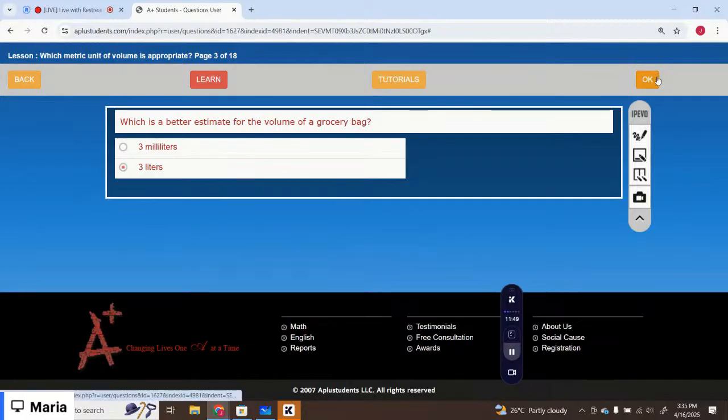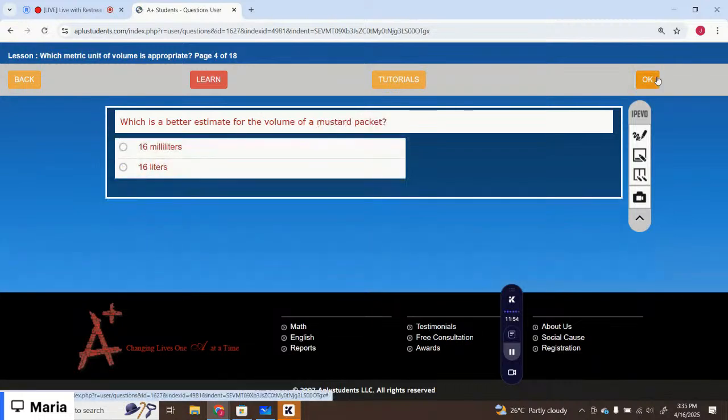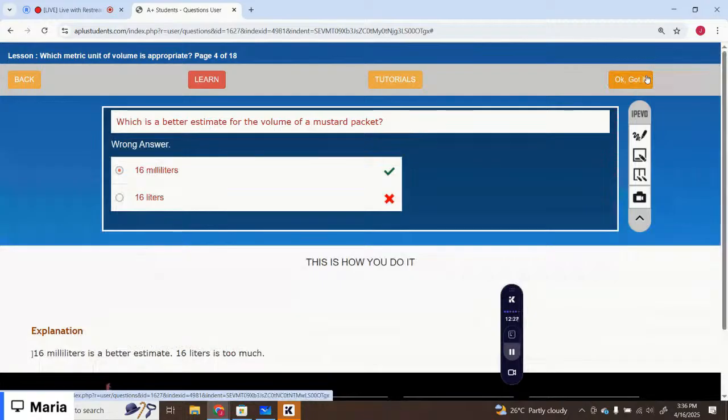Option 2 is the correct option. Which is a better estimate for the volume of a mustard packet? That is 16 liters, I think. Oh, 16 milliliters it is.